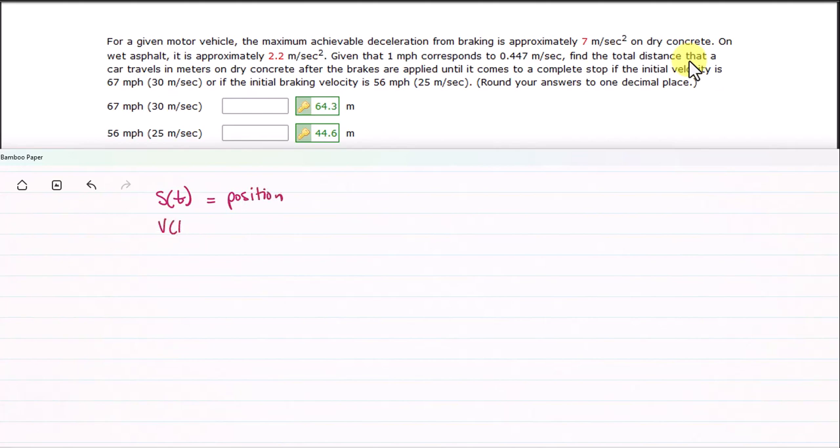Then let's use s prime of t, the first derivative of the position function. That would be the velocity. And then the acceleration or deceleration would be the double derivative, s double prime of t.